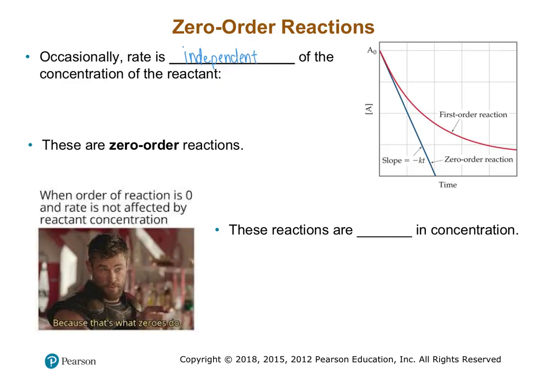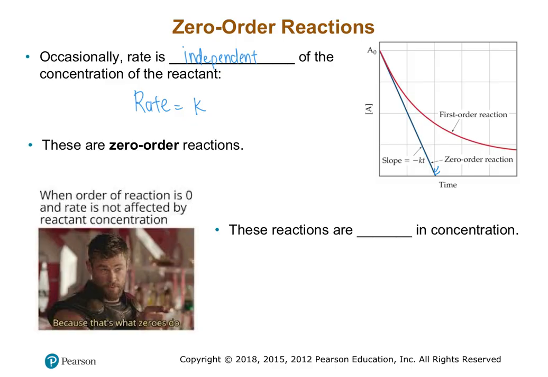And that's because it just basically drops down to 0. It just disappears. And so the rate for zero order reactions is equal to just K. Because if I was to do A to the 0, it would just go away and be 1 anyway. So we just have rate equals K.